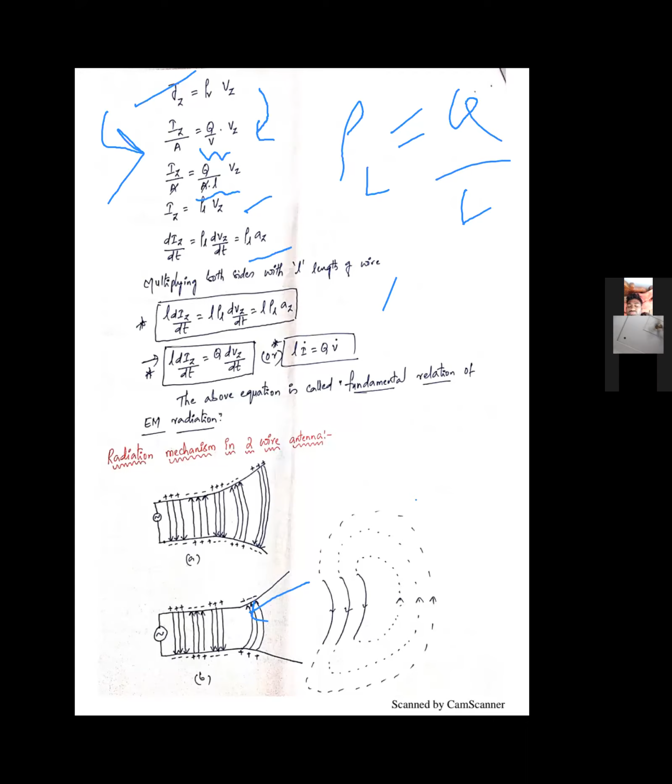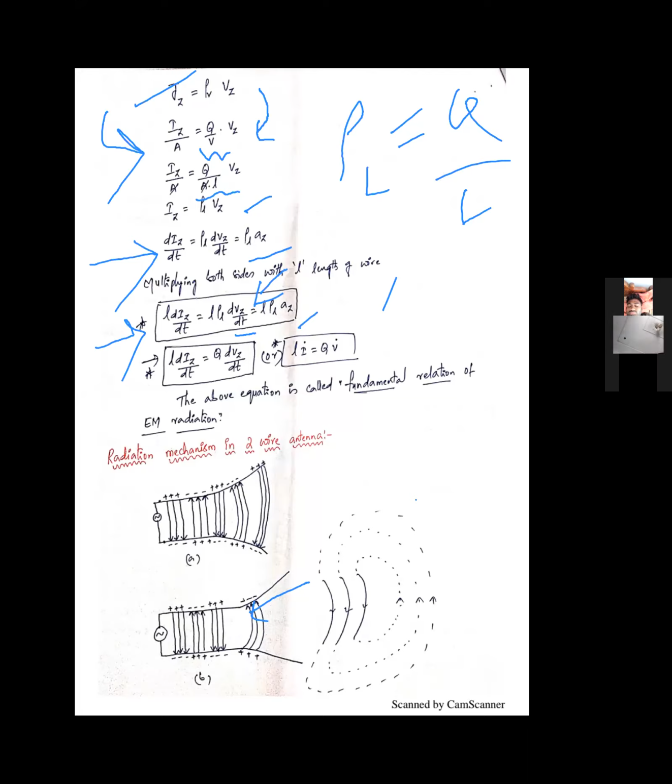Since these are made up of transmission lines, distributed throughout the entire length, I am multiplying with length on both sides of this equation. Then it becomes L dIz by dt is equal to L rho L dVz by dt, that is equal to L into rho L into Az, since dVz by dt can be written as Az.